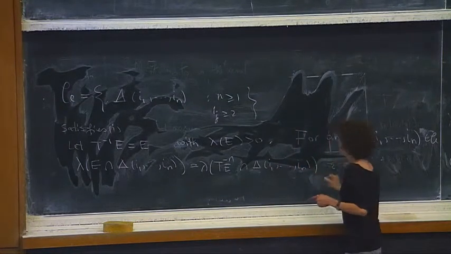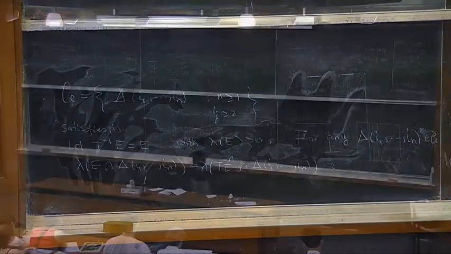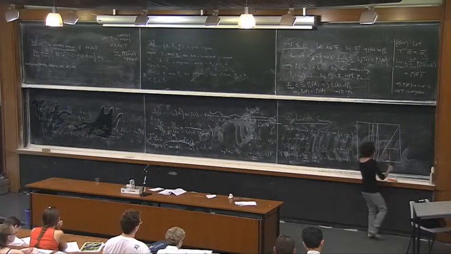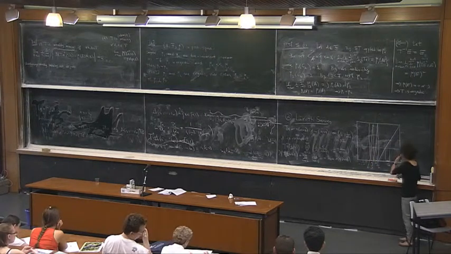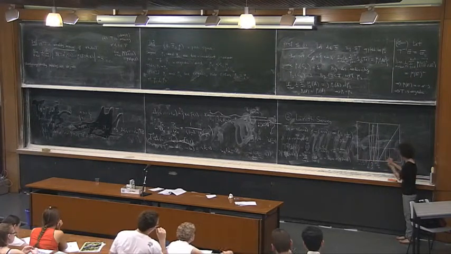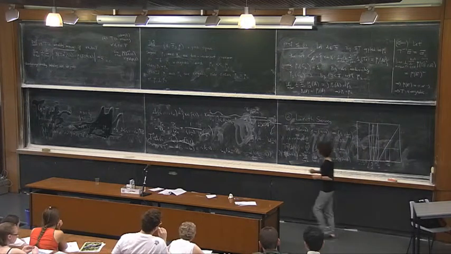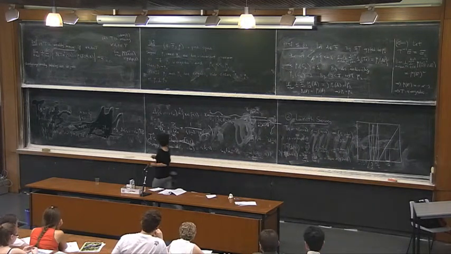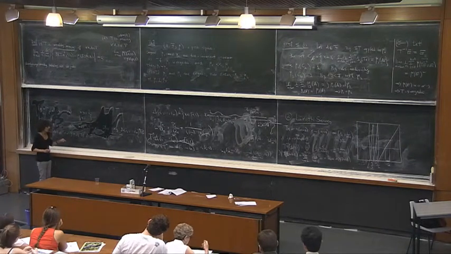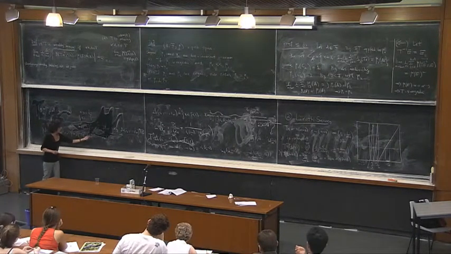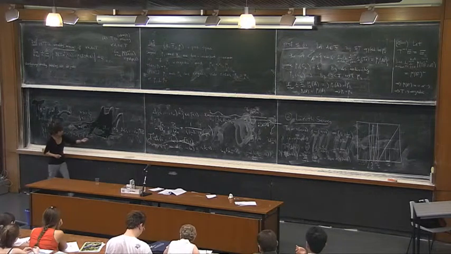And the same idea, if you take E and you look at T to the minus n of E, then it will intersect every fundamental interval. But I'm only interested in that intersection in this delta. And so I will get that I'm shrinking this measure by the slope of T to the n on this, which is what I wrote there.